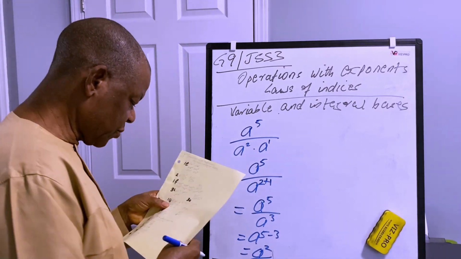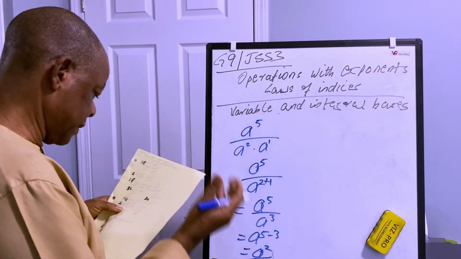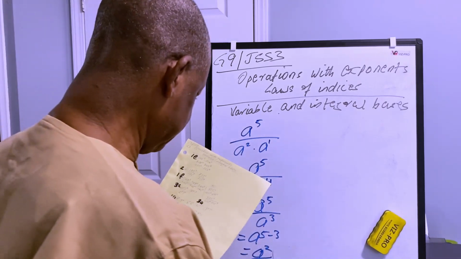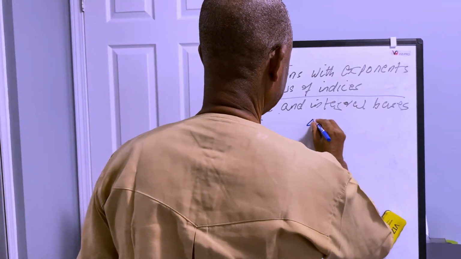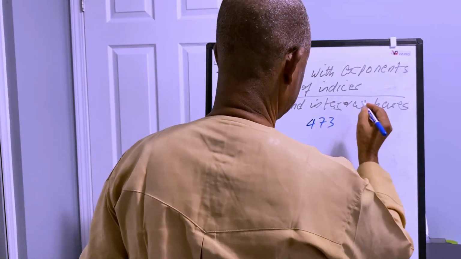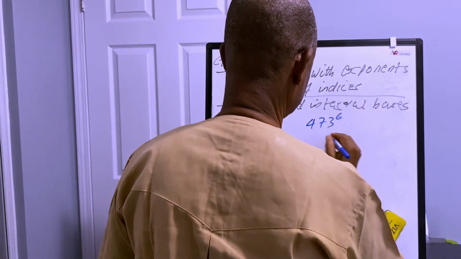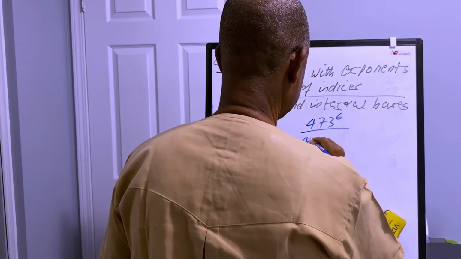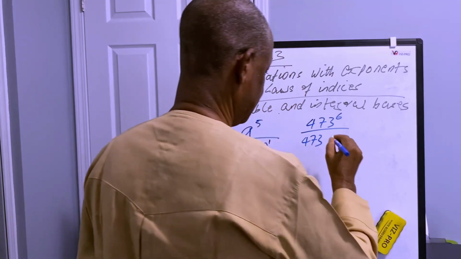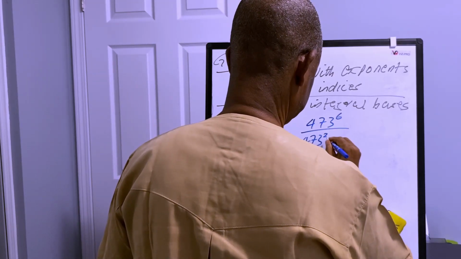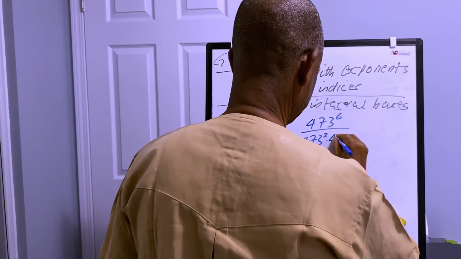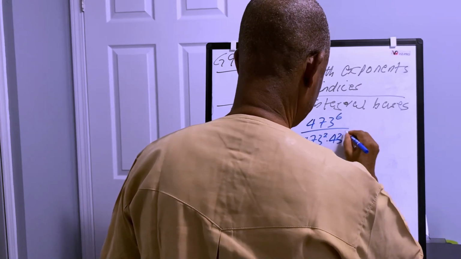Let's have 473 raised to power 6 over 473 raised to power 2, times 473 raised to power 3.